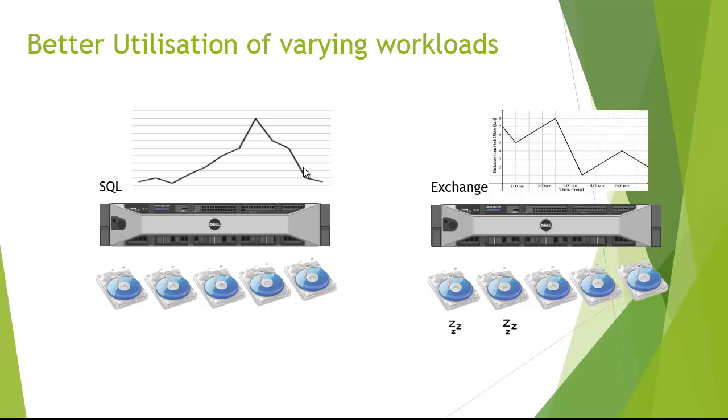Now obviously if we've got 20 servers that have all got constant 100% peak loads, putting that onto a single SAN makes no sense at all. So when we're starting to look at sizing our SAN, we need to make sure that we fully understand our workloads and what our peak and idle times are and what our overall performance requirements will be.